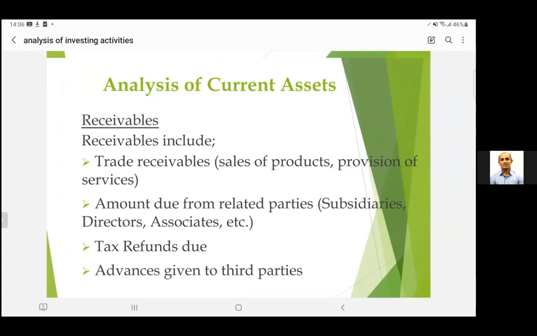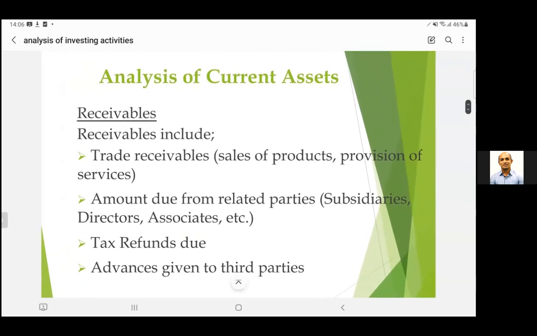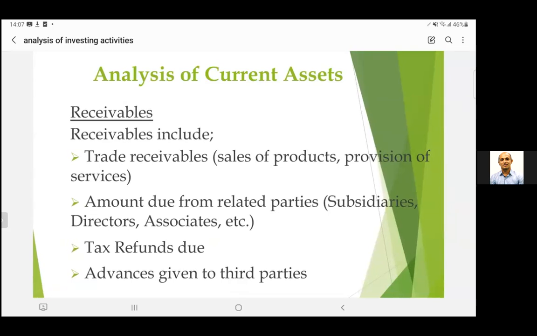So when it comes to receivables, the types of receivables: trade receivables, receivables from related parties, tax refunds due, advances given to third parties, loans given to employees.